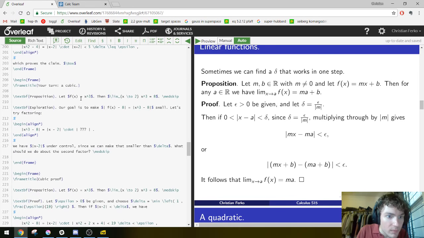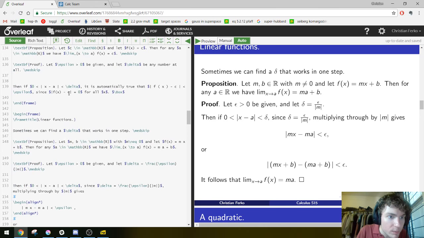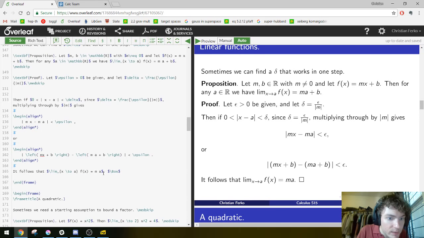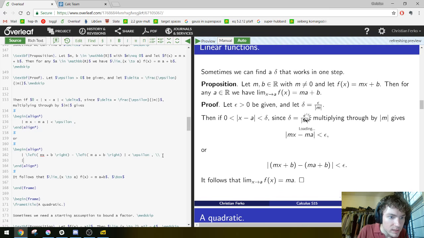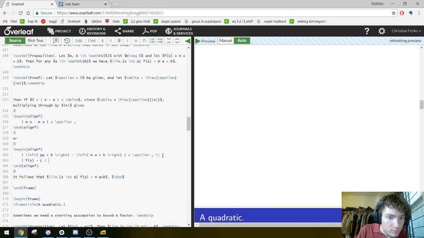So the reason for that is that maybe I'll put one more step of explanation in and also correct this. I'll put a comma. I don't know if there'll be enough room for this actually. This is f of x minus L less than epsilon.